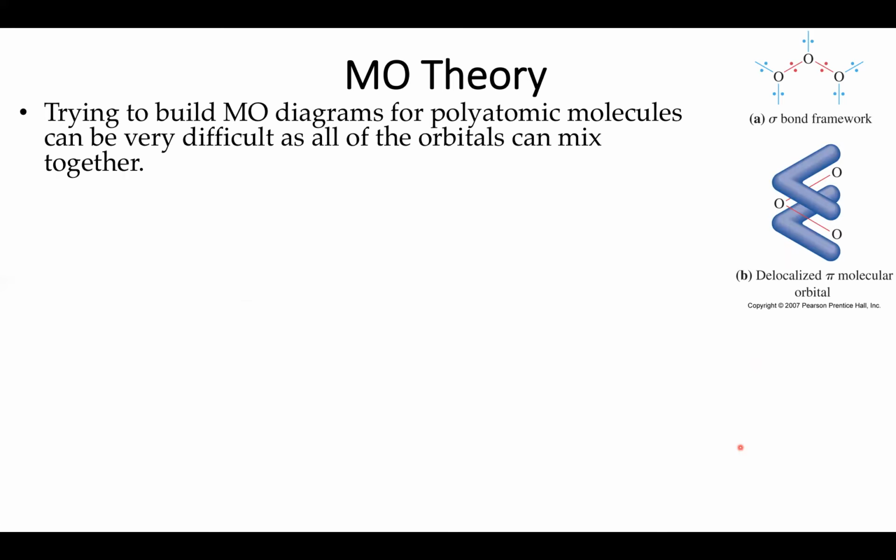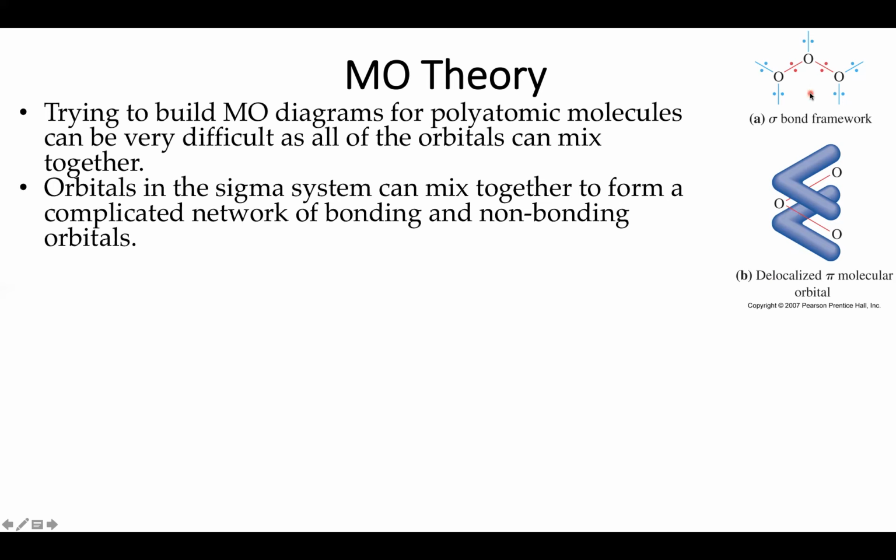Now, trying to build a full MO diagram for these polyatomic molecules actually can be really difficult, as there's going to be a lot of different orbitals that can mix together, and you're never sure which ones will mix with which ones. So in this case, what we're going to have is something we can get a little information about from our Lewis structure and VSEPR.